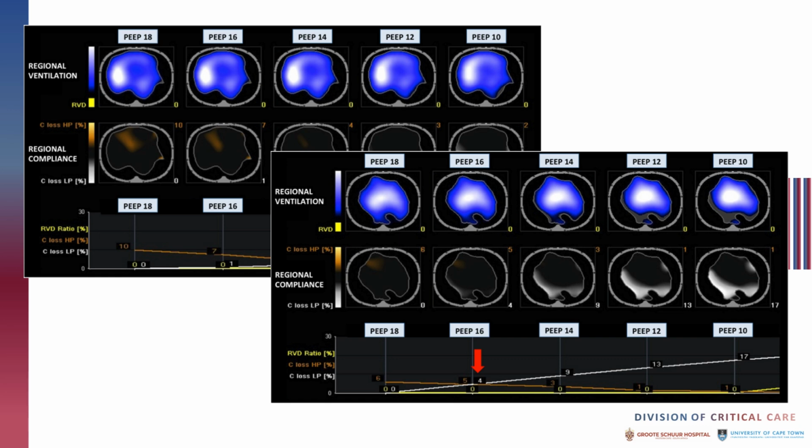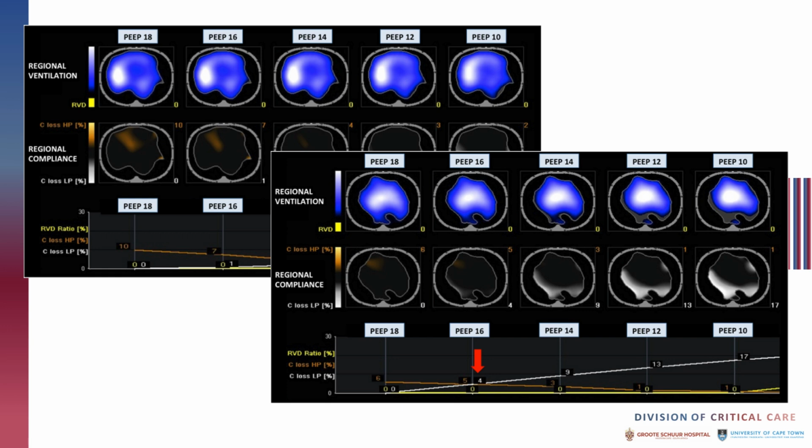And the data shows that when you guess the PEEP setting that you have to dial in for the patient, based on either the X-ray, the condition, or just looking at the compliance on the ventilator, half of the time your PEEP setting is probably close to what EIT will show you, but the other half of the time it is completely incorrect.